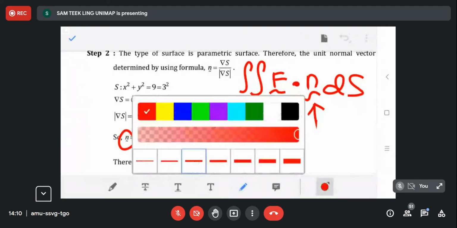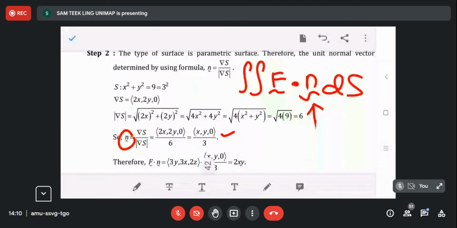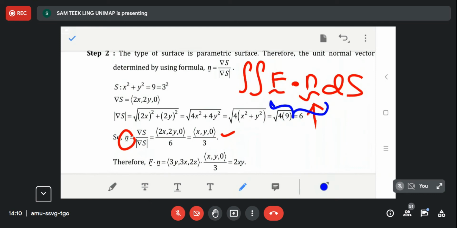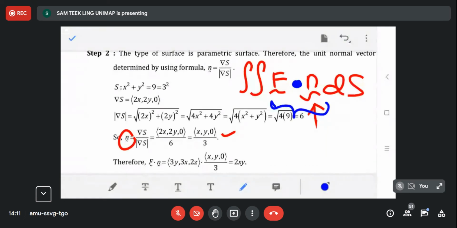Then second step, we will solve this one, our dot product, f dot n. So first step, find our n first. For surface integral, every time like this. So find your n. Your n, use formula or refer table.